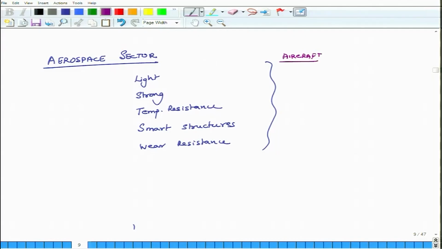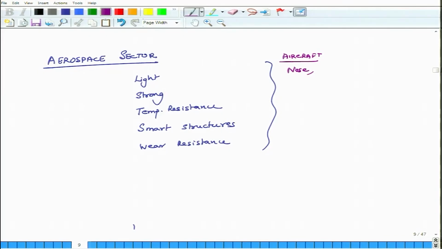So, where do we use them in the aircraft? In the nose. When a plane flies, it has a nose, and there is a lot of friction between air and the nose. So, things can become really hot, and also there is a lot of wear. So, you want things to be wear resistant and also absorb a lot of temperature, and you do not want to increase the mass.